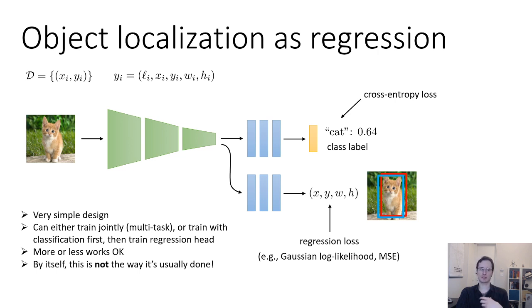So what I would say is that if you just want a quick and dirty object localization system, maybe for your final project or something, it's not a bad place to start. But if you want the very best results, there are a lot of little details that are needed to get it right, and we'll talk about those next.